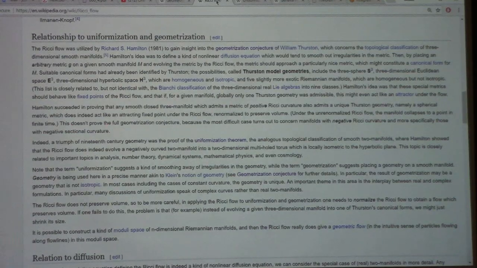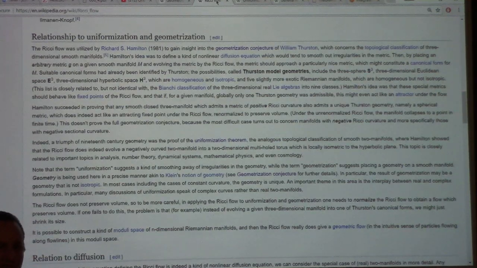So his idea was that this Ricci flow could be used perhaps to prove Thurston's conjecture about there being these 8 topologically distinct manifolds out there. And the idea was something like, again, you take one of these manifolds, we're talking topologically, so you could have different metrics on the same topological manifold, and somehow if you let that flow with respect to the Ricci flow, it will, after some time, flow into one of those 8 specific Thurston models.